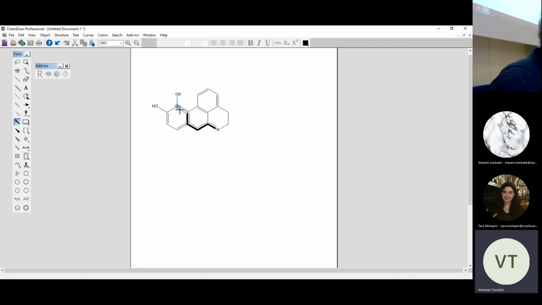And once again, I want to show you the active conformer of dopamine inside this very, very rigid, very tough backbone.